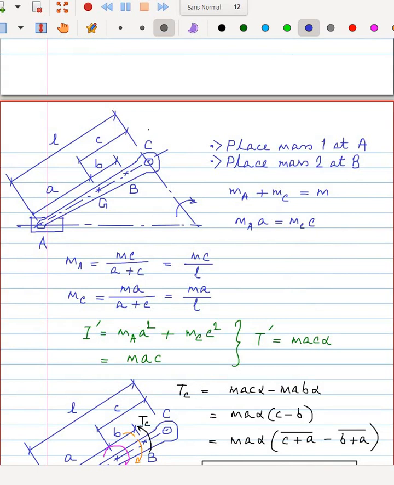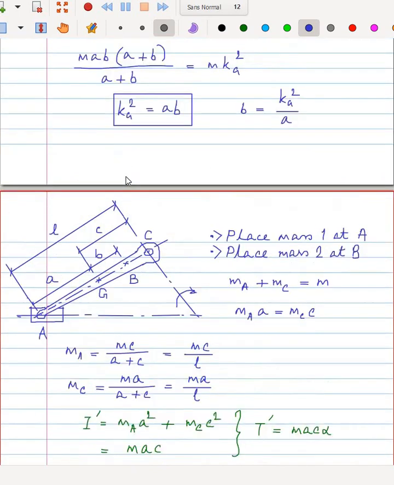So the length of the connecting rod is L and the center of mass is a distance a away from the small end, and for this connecting rod the mass is distributed. So if we put one concentrated mass here, then where should this point B be, so that we can put the other concentrated mass here? So this is MA and this is MB, and this we can determine from these relations.